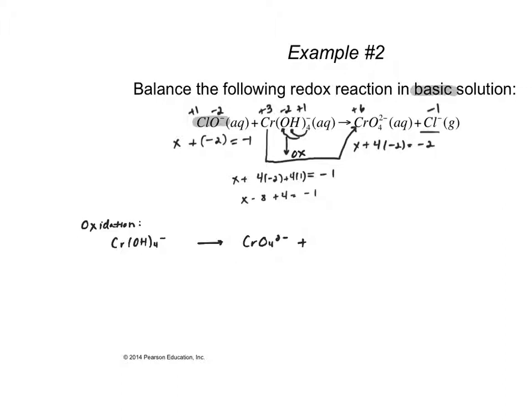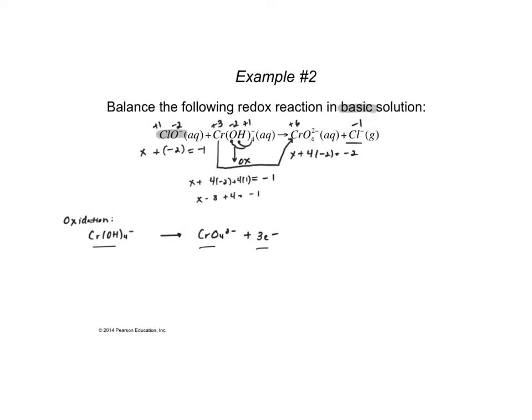So specifically, if we went from a +3 to a +6, how many did we lose? 3 electrons, right? So that's a good purpose with respect to oxidation state. It doesn't just tell you who's been oxidized and who's been reduced. It also tells you by how many, okay? So the oxidation half reaction, we have our chromium hydroxide compound going to this guy and 3 electrons.